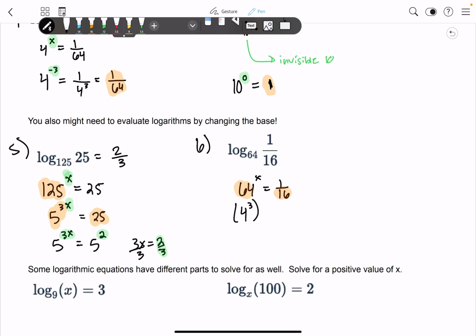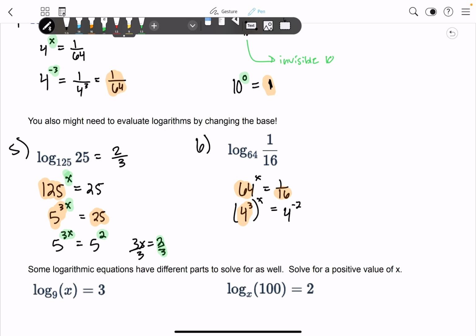Right, we changed 64 to 4 to the third, and then that exponent x was still outside. 1 over 16 is the same as 4 to the negative 2. Let me back up. 1 over 16 is the same as 1 over 4 squared. And so converting that back to a negative exponent gives us 4 to the negative 2.